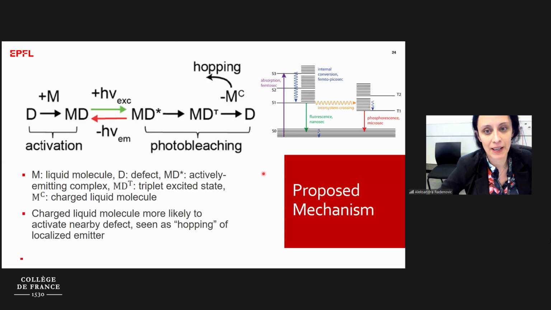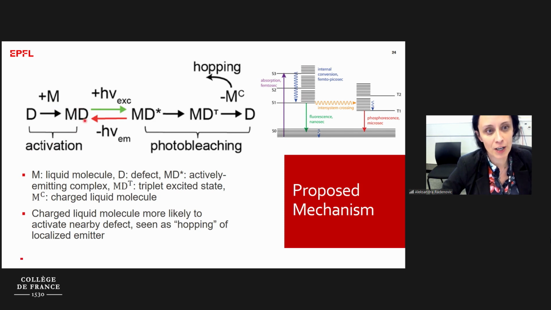Regarding the proposed mechanism of the switching, we are still not really certain what is actually happening. So we have definitely one type of defect that interacts with the molecule.